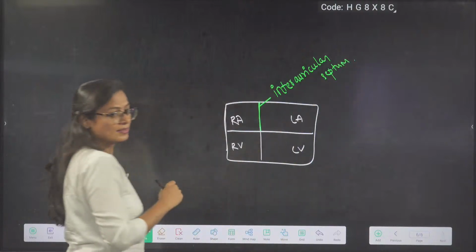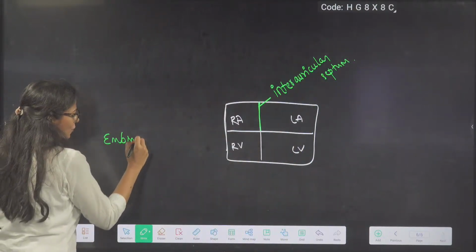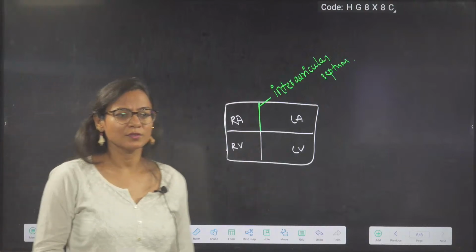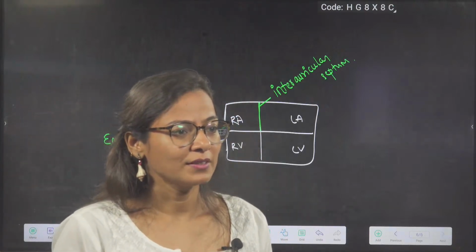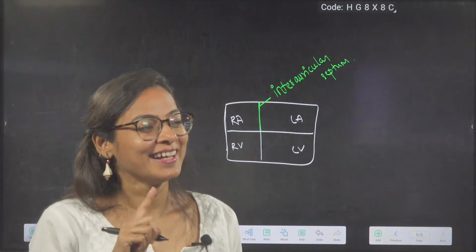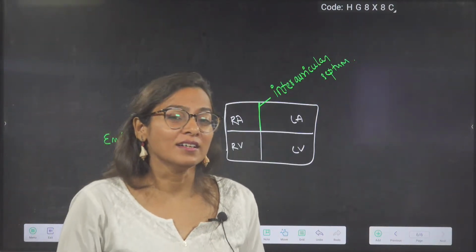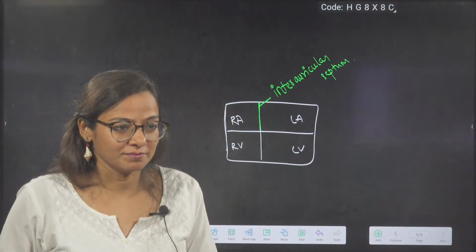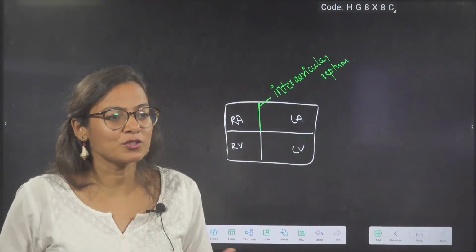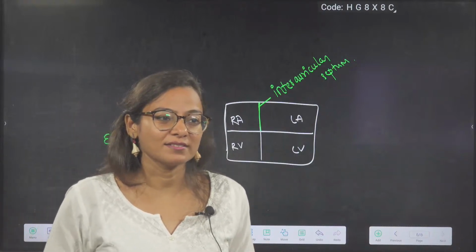Now what happens? See, understand. In the embryo, what is embryo? Embryo is not baby. Embryo is the growing baby, in the sense when the baby is growing inside the mother. Fetus, right?